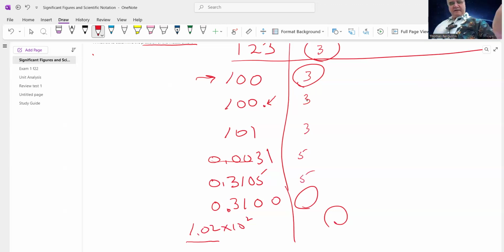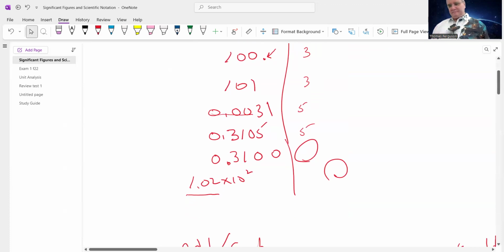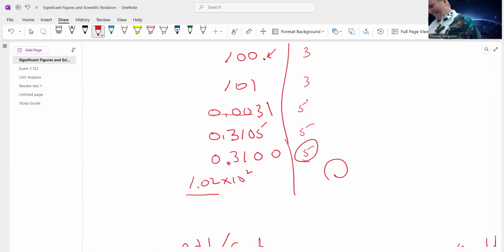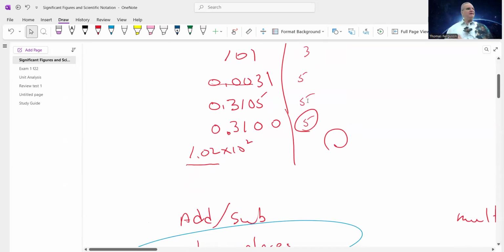What about 0.3100? This is getting boring. How about 1.102 times 10 squared?